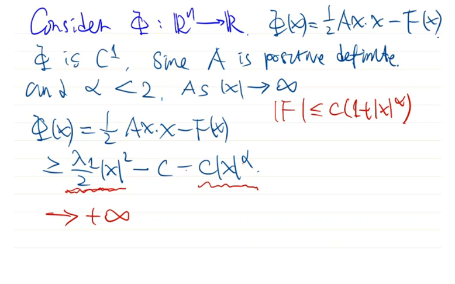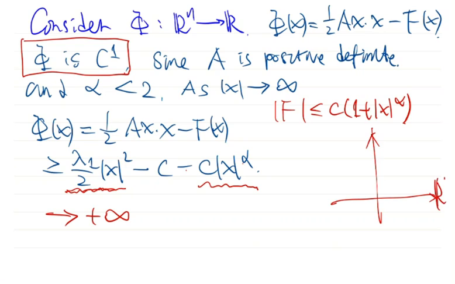Now, Phi is a C1 function. Of course, it is continuous, and the limit of this function is positive infinity. Intuitively, on R^n, the graph of this Phi behaves like this. So it must attain a local minimizer, a global minimizer.